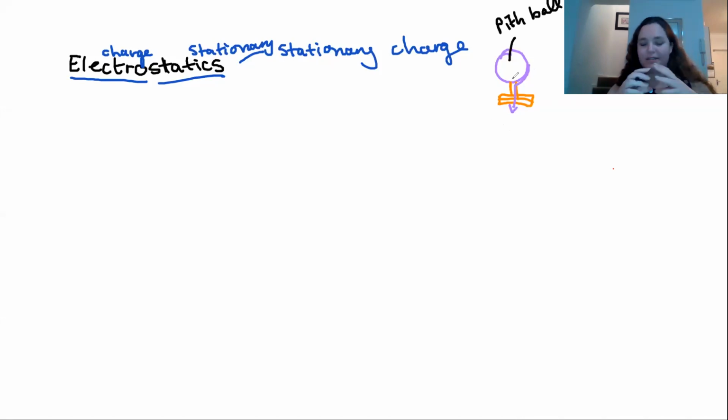Basically it's a small polystyrene ball, polystyrene because it's lightweight, that has been dipped in a layer of graphite. Graphite's the same stuff you get in pencil lead, and it can conduct electricity. So if we put charges on those pith balls, they're very lightweight and they're able to move around the surface to get as far away from each other as possible, and the insulating stand prevents the charge from leaking down to the earth.